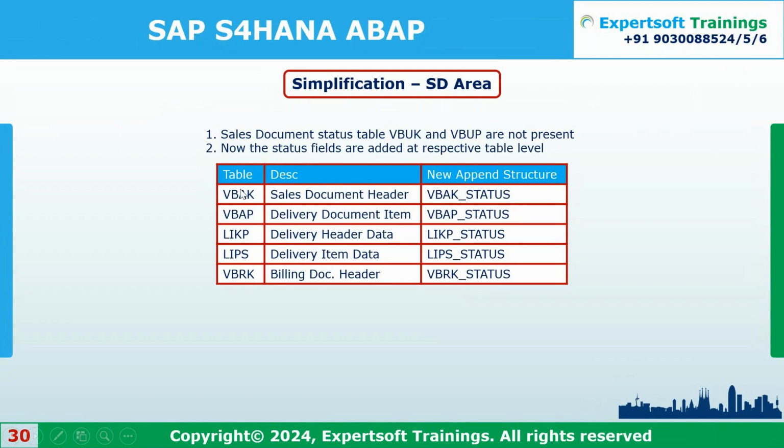Initially they had 5 tables, but finally we have reduced those tables to 3 tables. Wait, let me go to the next one. This slide is trying to say that sales has multiple tables.